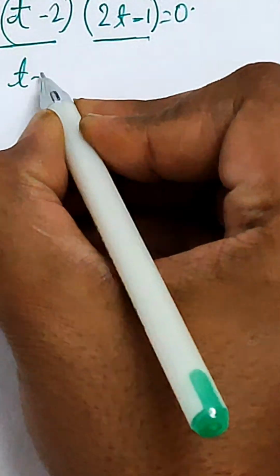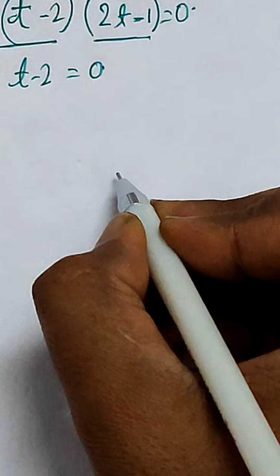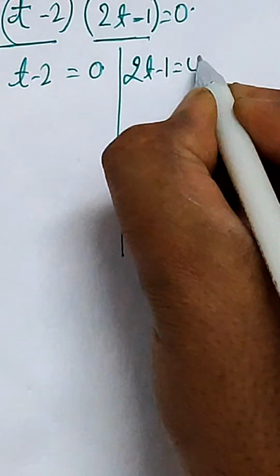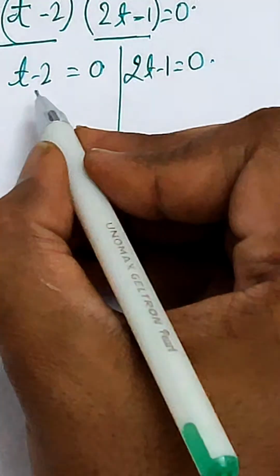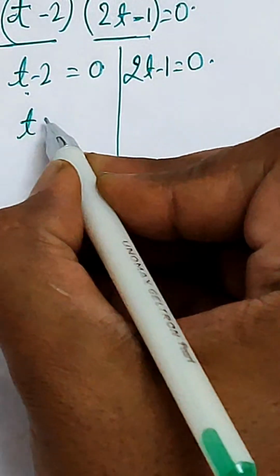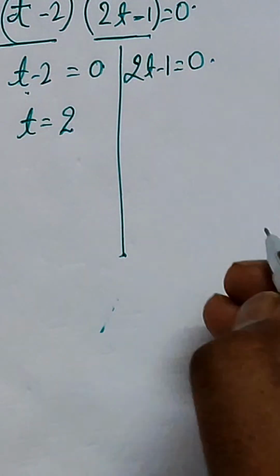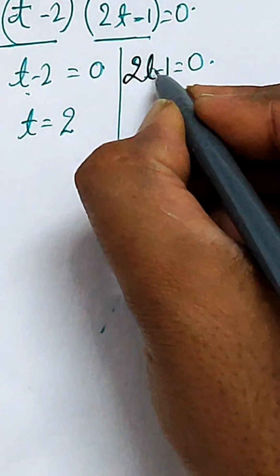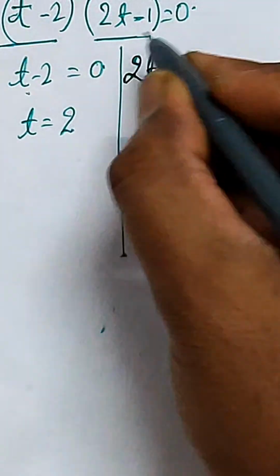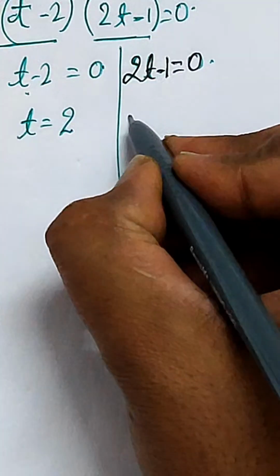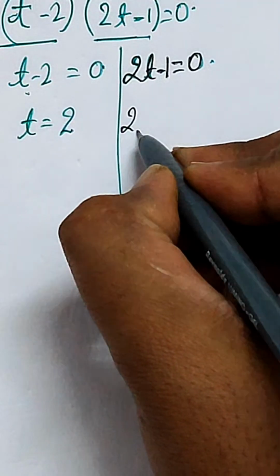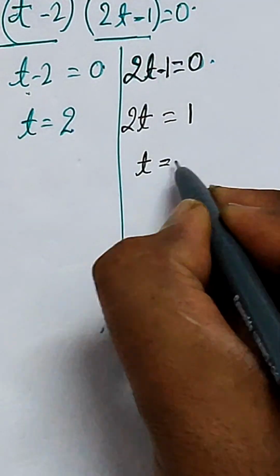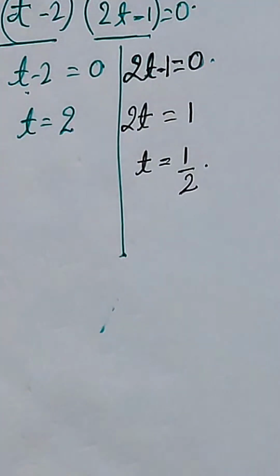So we can write t minus 2 equal to 0, and parallelly 2t minus 1 equal to 0. The first will give the value of t equal to 2, and this one, 2t minus 1 equal to 0 or 2t equal to 1, will give you the value of t equal to 1 by 2, right?